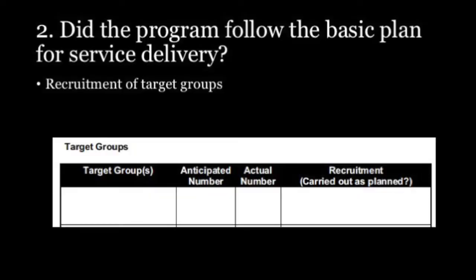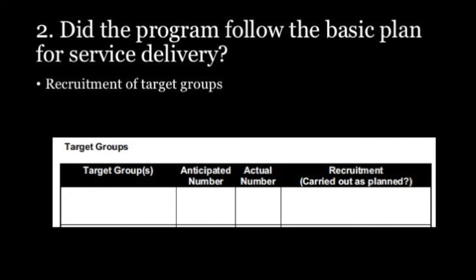Now, you also should track your target population, the population that you wanted to reach. What was the number that you wanted to reach, and what is the number of participants you've reached? What percent of what you wanted to get did you actually get?